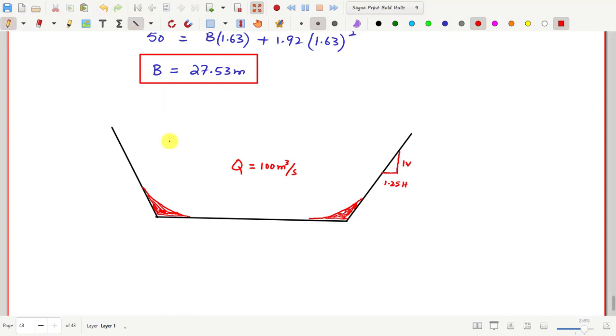let me draw this water level first. Then in that case, what should be the depth of the canal and what should be the width of the canal.